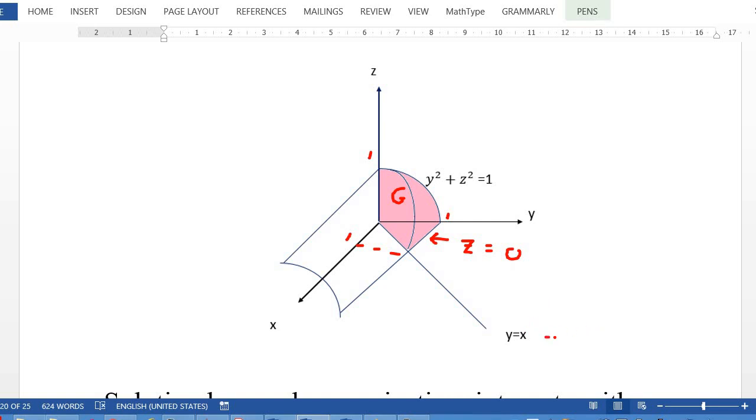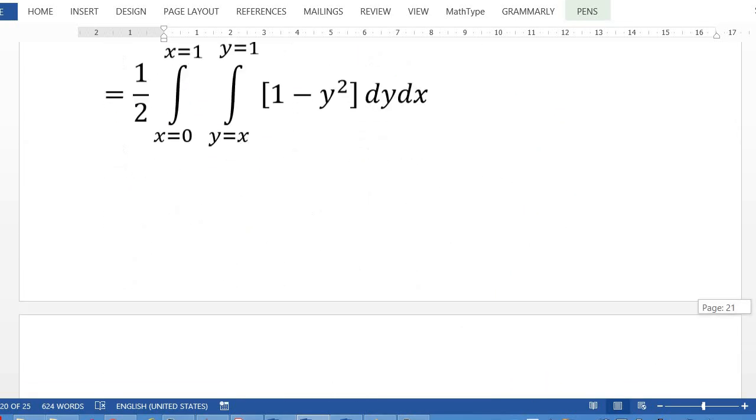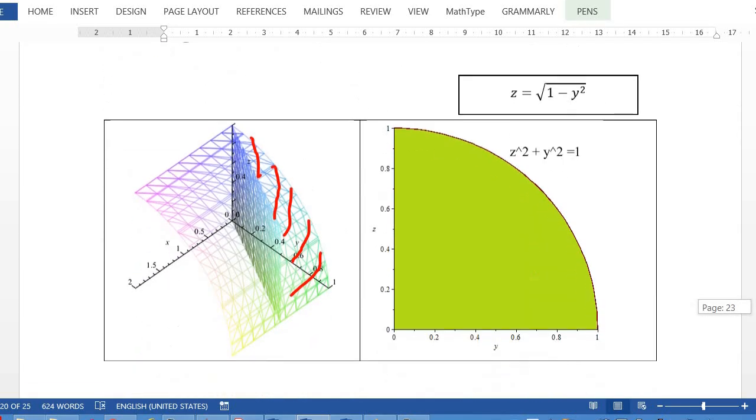So here, they give you x equal to y. This will be the upper limit. The lower limit, from here the y-axis is actually x equal to 0. And the projection is a quadrant of the circle. We have z squared plus y squared equal to 1.